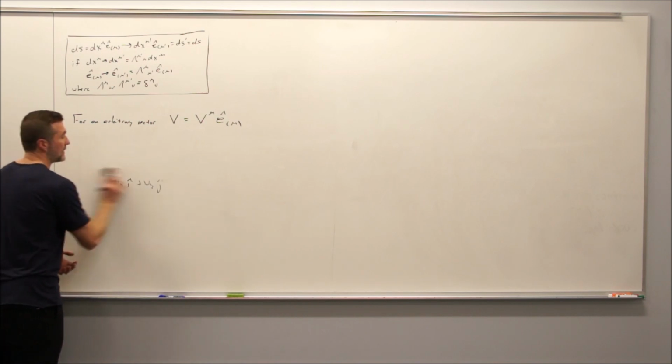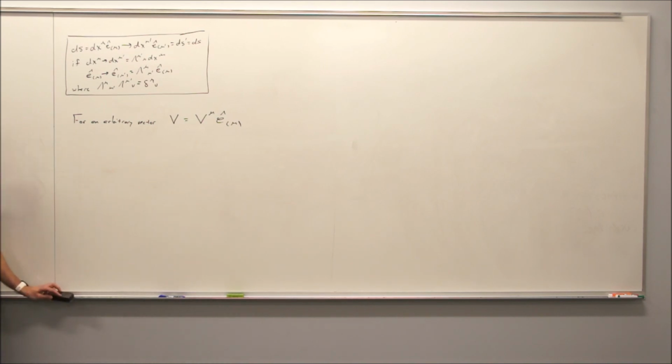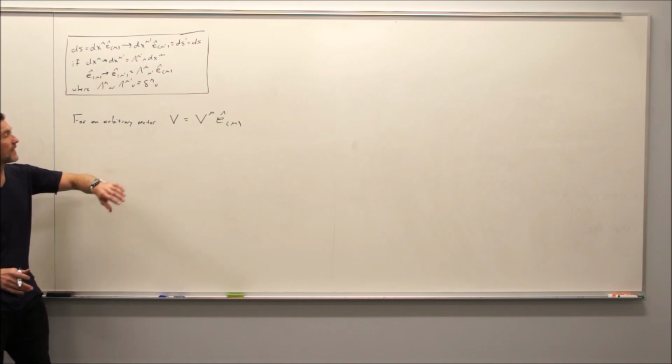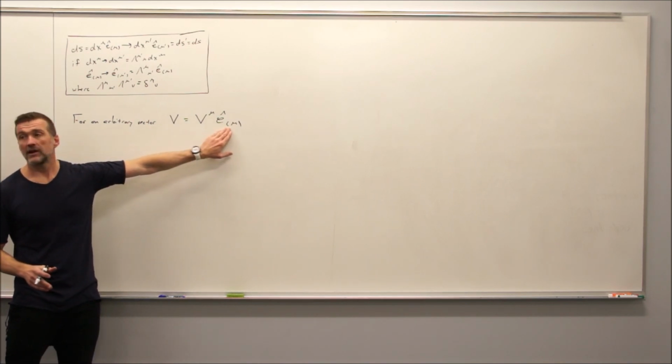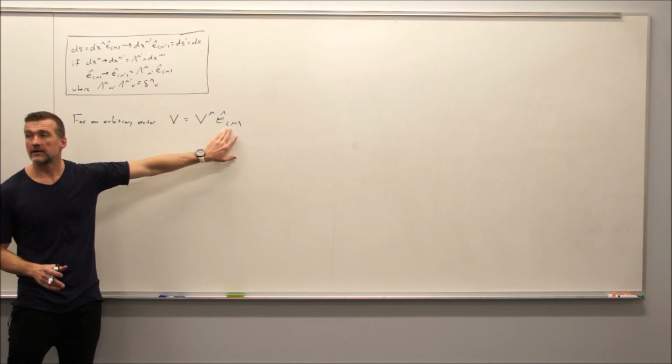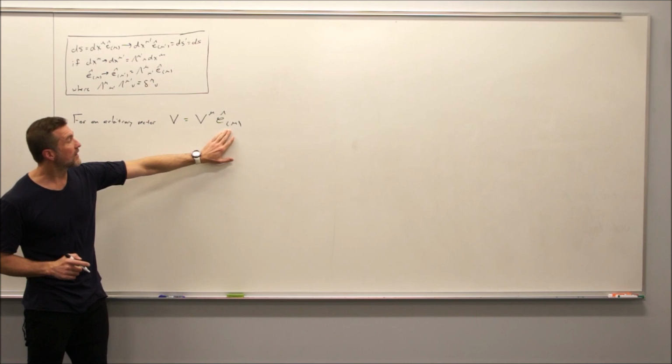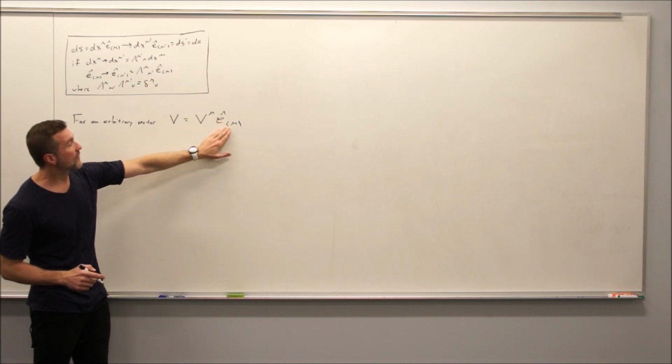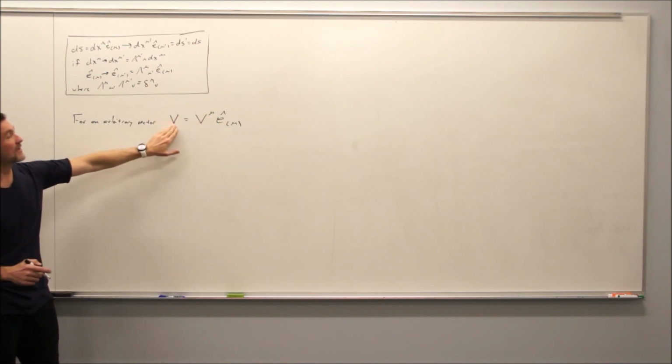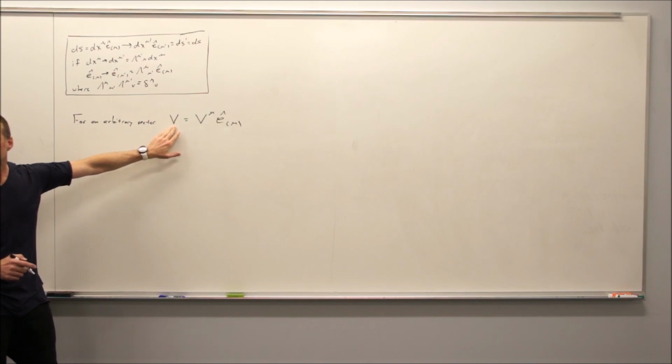Okay? And now here's the payoff. Are you ready? I'm going to say it in words and then just write the result up. We know how these transform. That's what we just figured out. But here's the cool part. We know how these transform, and we know that this thing has to be invariant.